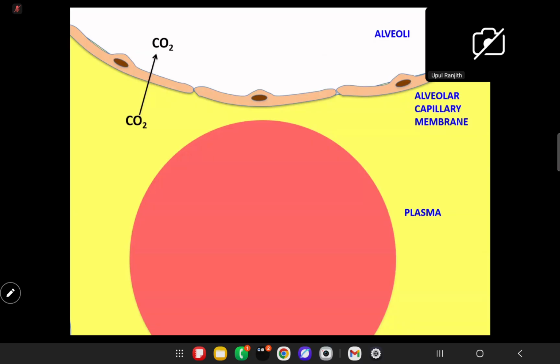So the carbon dioxide is lost into the alveoli from the plasma as well as from the red blood cell, right?